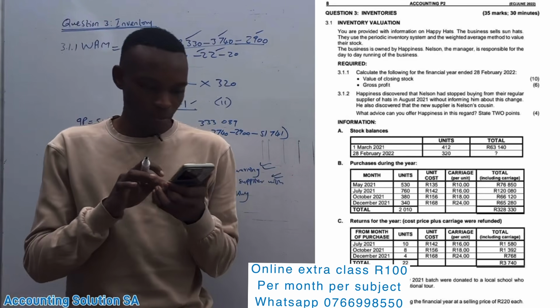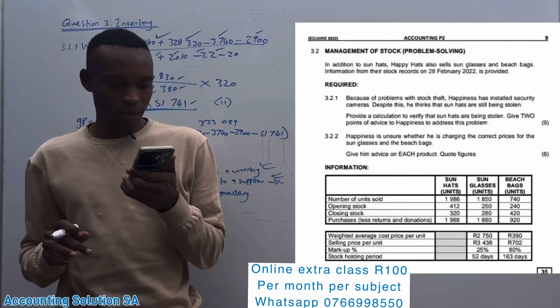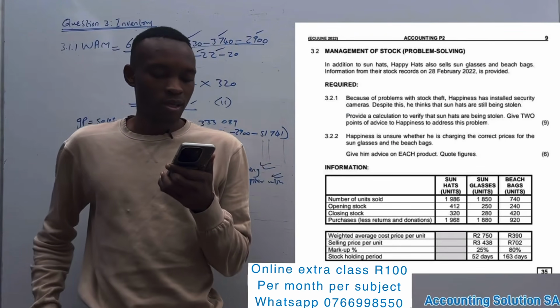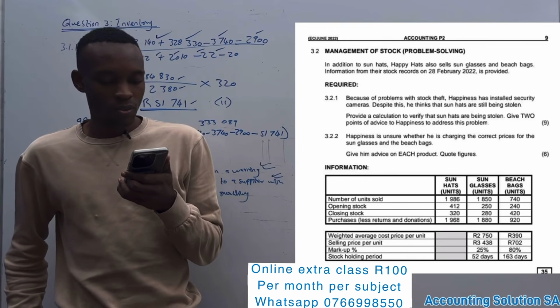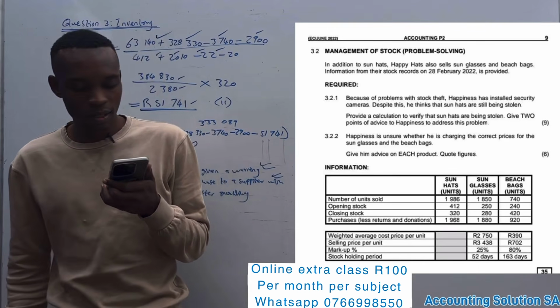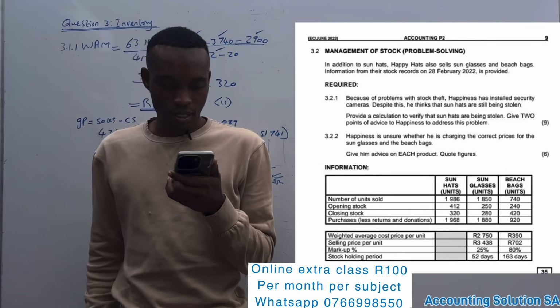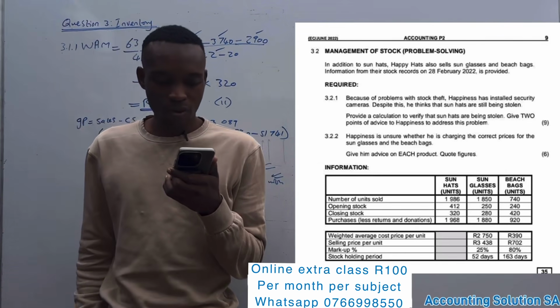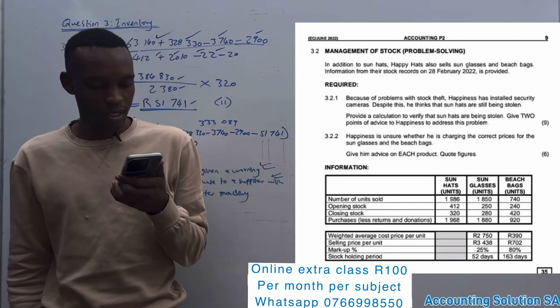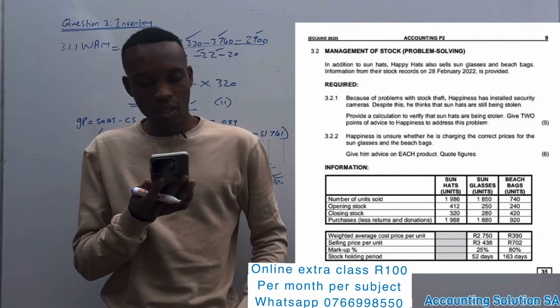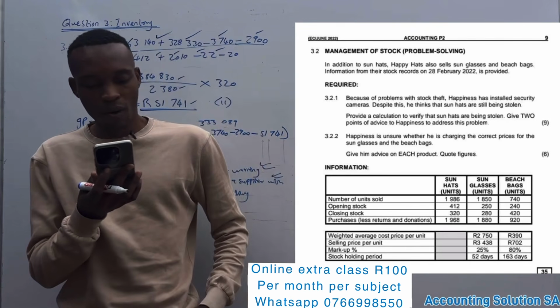Then the next part, 3.2, management of stock and problem solving. In addition to sun hats, Happiness also sells sunglasses and beach bags. Information from their stock record on 28 February 2022 is provided. Required 3.2.1.